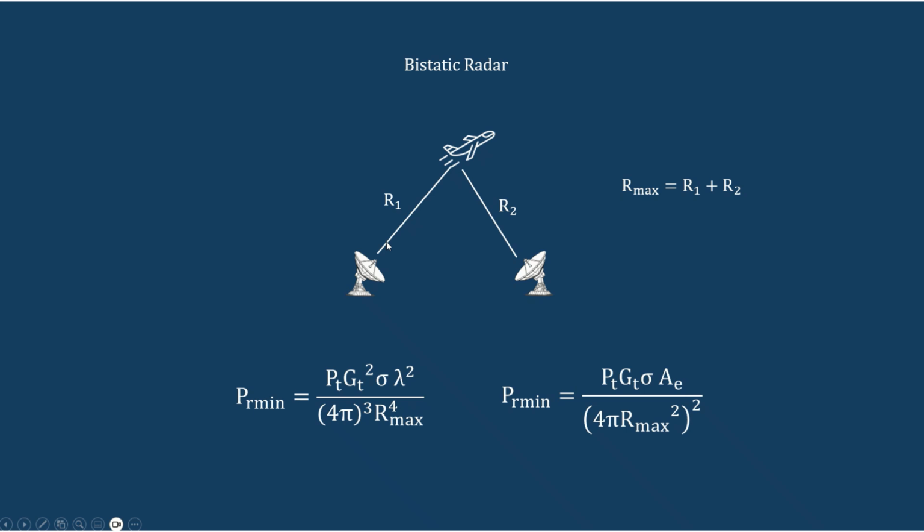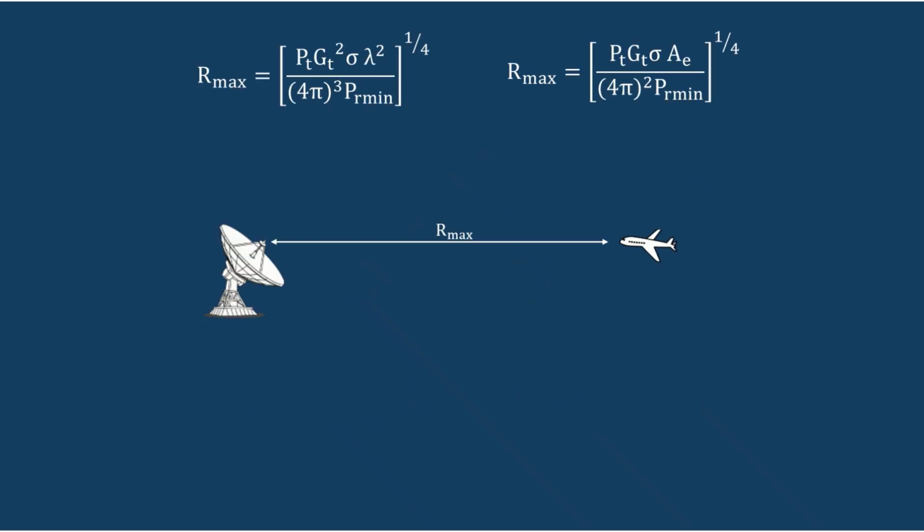There is no other change, except that Gt will be replaced by Gt and Gr, and the effective area will be the effective area of the receiver. These are the things to be considered while calculating the received power PR for the bistatic radar.